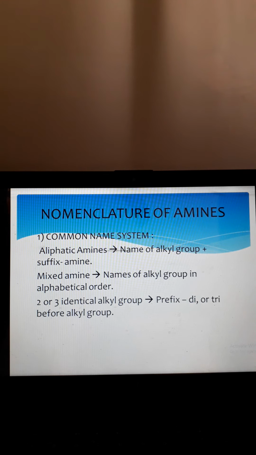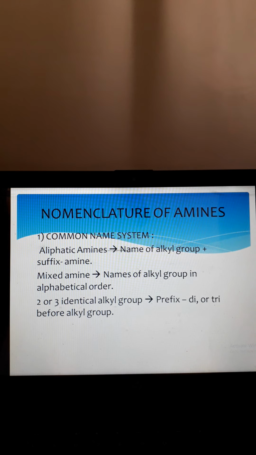In aliphatic amines, as we have seen in the previous video, there is no presence of an aromatic ring. In aliphatic amines, while naming, we take the name of the alkyl group and add the suffix amine to the name.